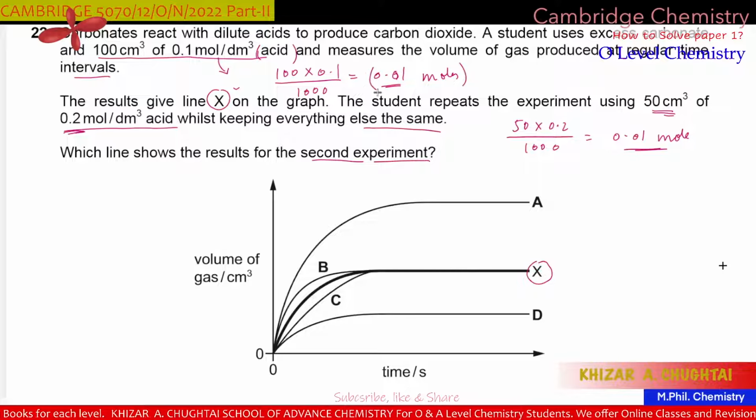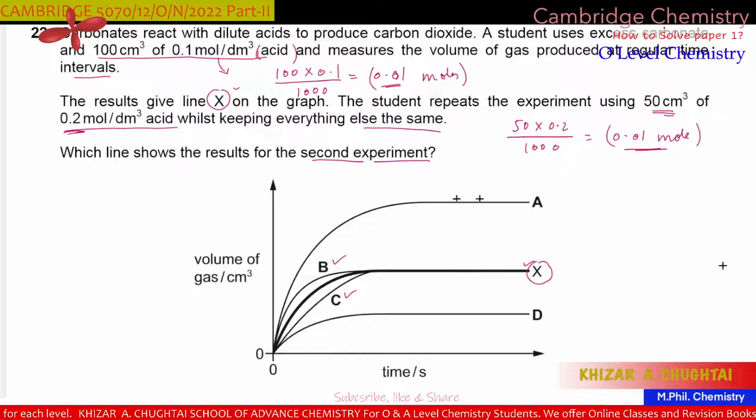The limiting reactant in both experiments is the same in mole, the same in magnitude. So the second experiment curve will end at the same line as that of X. So it may be B or C that is the correct option. So the flat portion is common for X. In both cases, the same volume of gas is supposed to be formed.